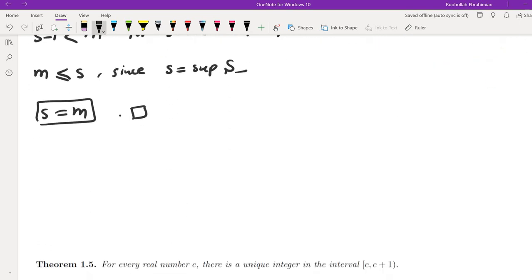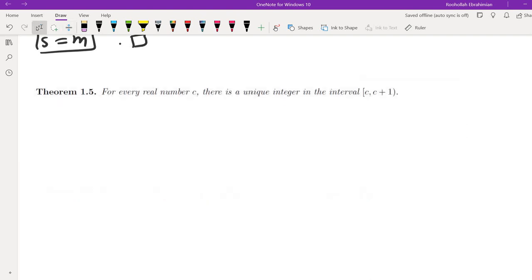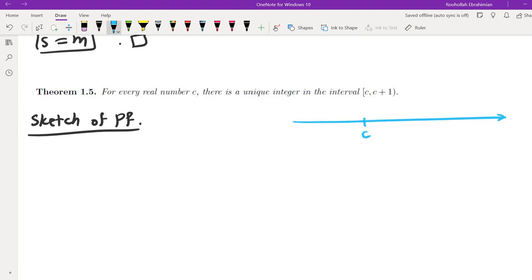Okay, so the next theorem that we're going to discuss, and again this one would also be something that I won't write down a complete proof, is that if you take a real number C and add 1 to that, in this interval there would be one unique integer.